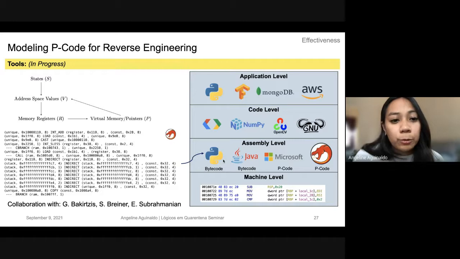And this is joint work with Georgios Spakourtzis, Spencer Brainer, and Esron Subramanian.